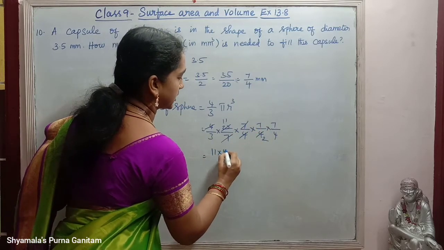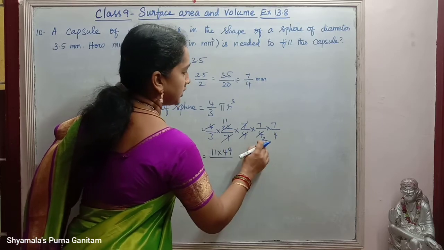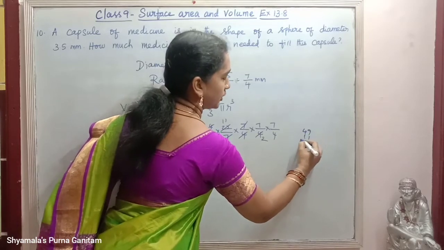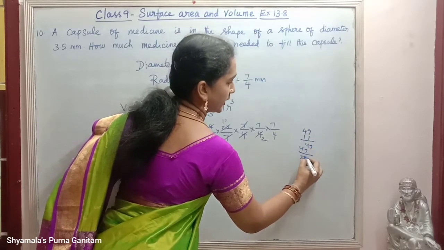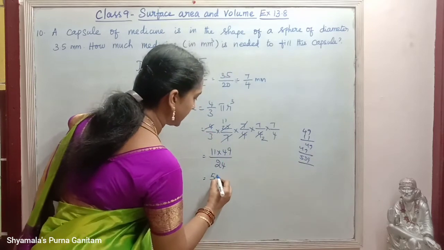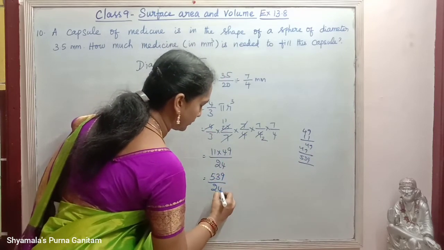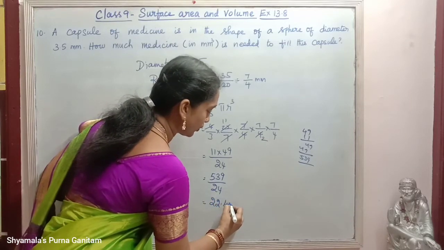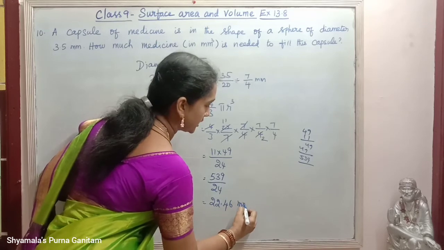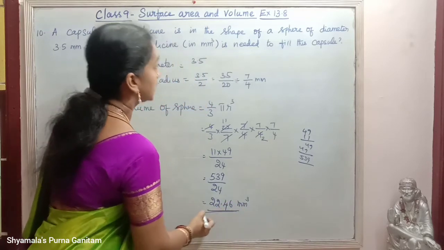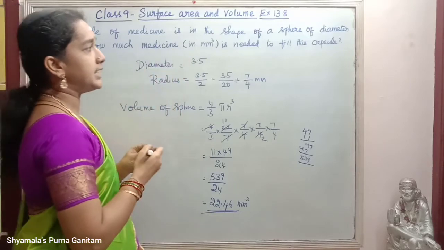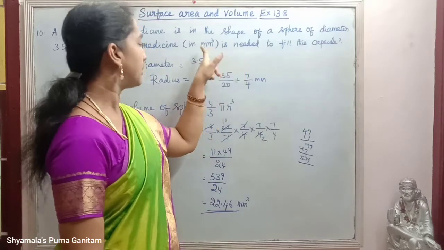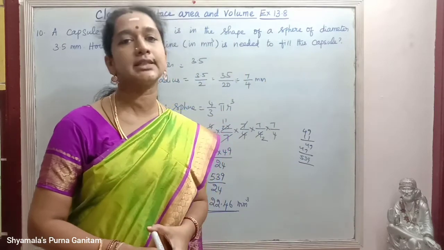So 11 into 7 7s are 49, by 3 2s are 6, 6 4s are 24. 49 into 11 is 539. So 539 divided by 24. When I simplify this, I will get 22.46 millimeter cube. So this much medicine is needed to fill the capsule.